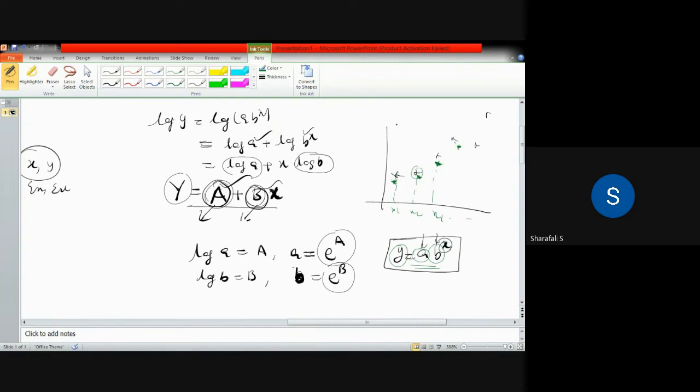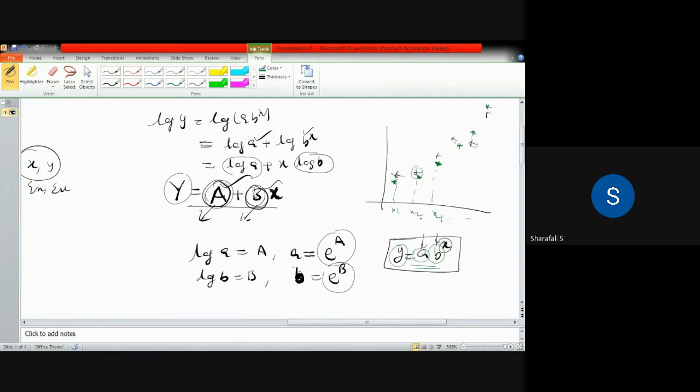For this one you have some value here, and for this one, let's say that value is somewhere here. For this one, it will be somewhere here. And the last one is somewhere here.